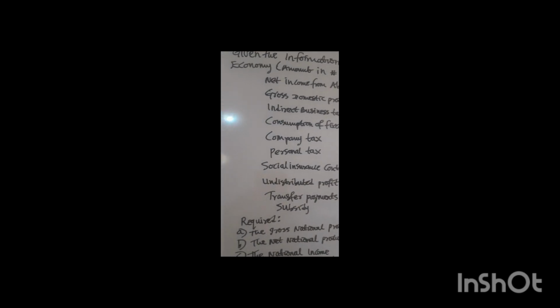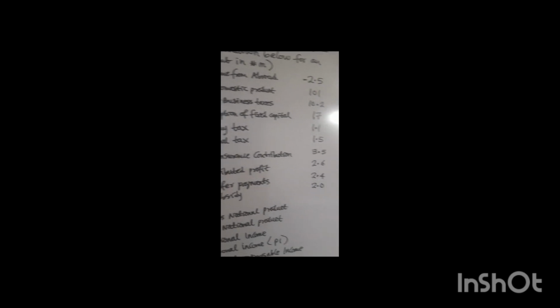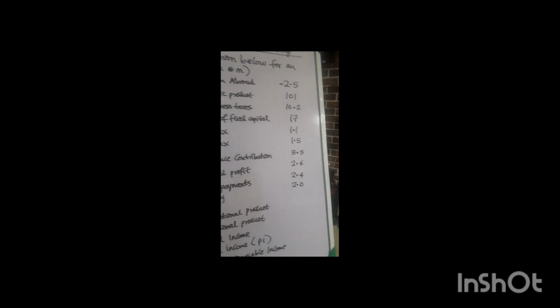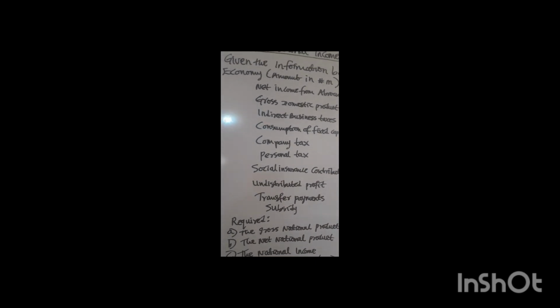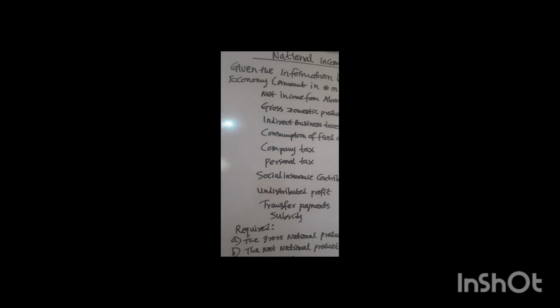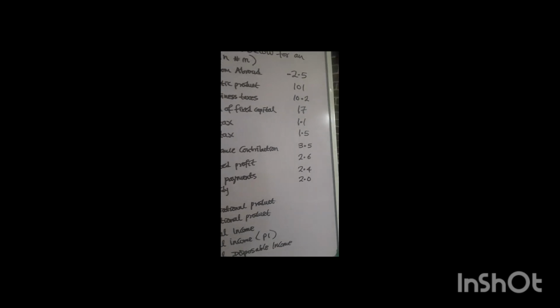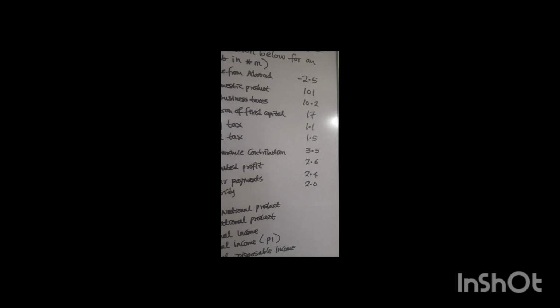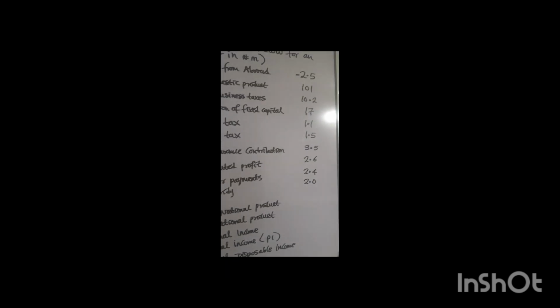We have personal tax given as 1.5 million. We equally have social insurance contribution given as 3.5 million. We have undistributed profit given as 2.6 million. We have transfer payment as 2.4 million. We equally have subsidy as 2.0.